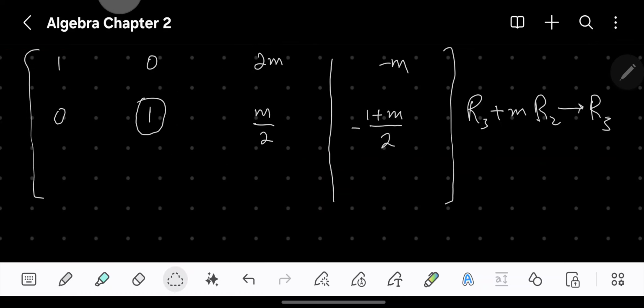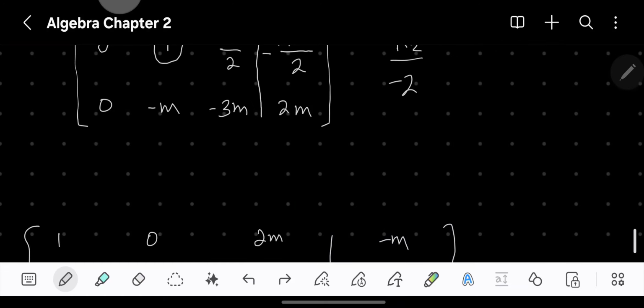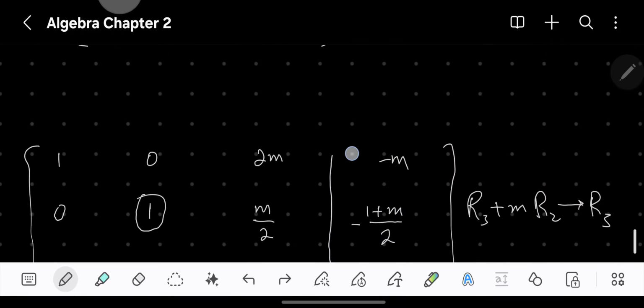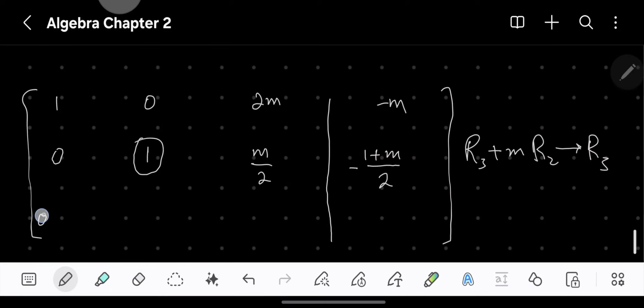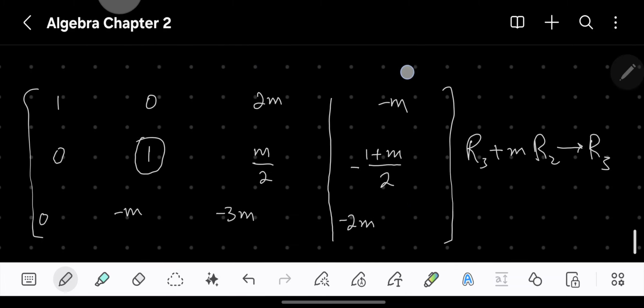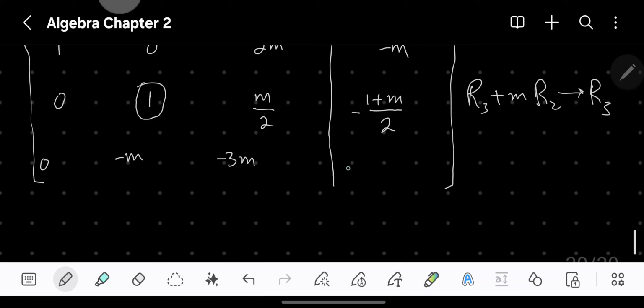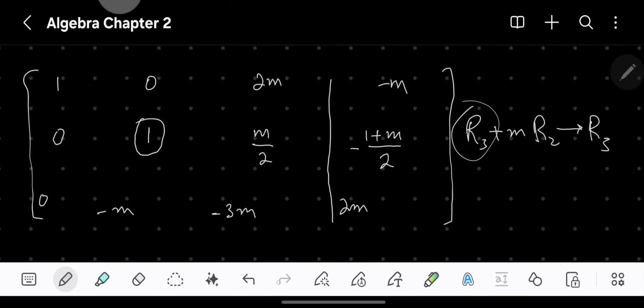Okay, so I should write R3 plus m R2. So R3 is this one, 0 minus m minus 3m, sorry, plus 2m. Here I should write 2m. So I have written R3.